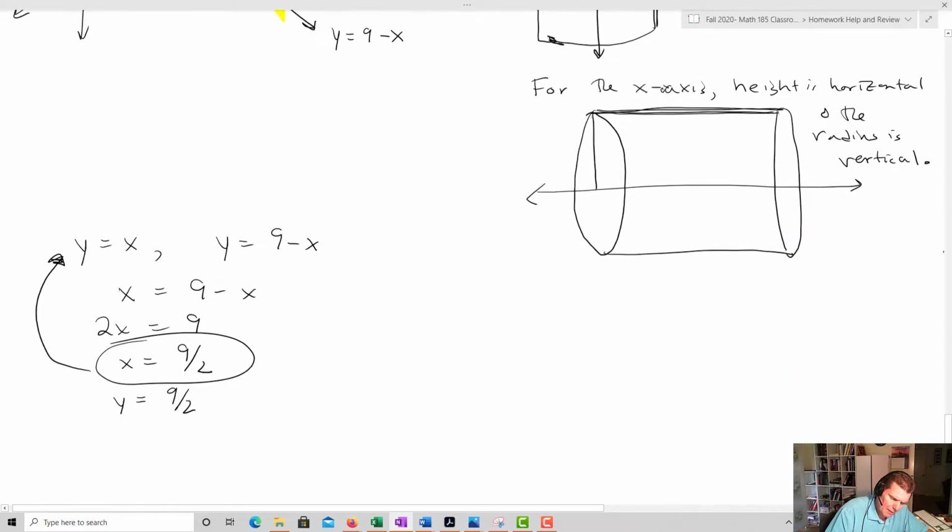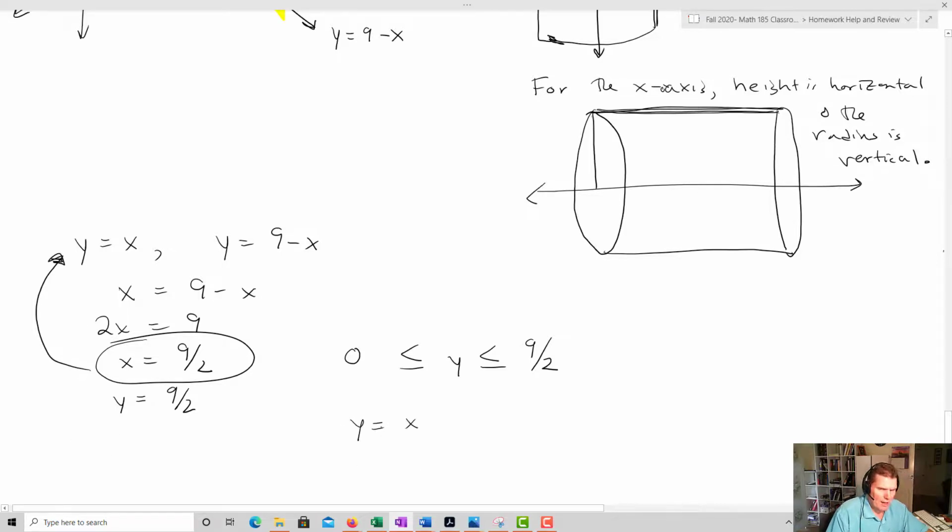So there's our bounds. We have y greater than or equal to 0, less than or equal to 9 over 2. And in addition to that, we have to figure out what the functions are that we're going to be working with. On the one hand, I have y equals x, and if I wrote that in terms of y's, that would also be x equals y, pretty straightforward.